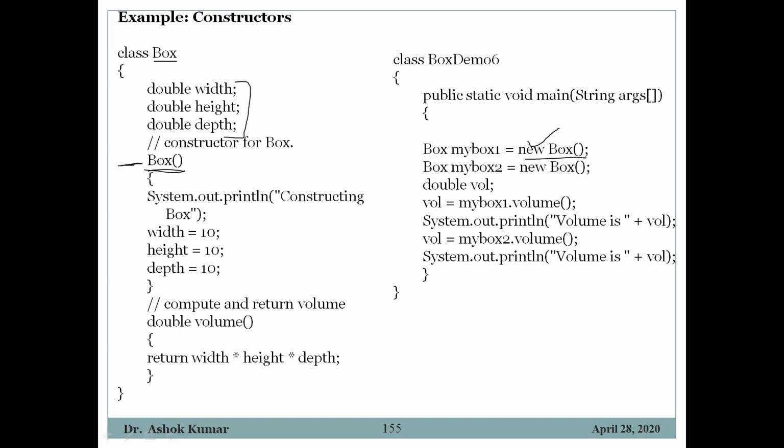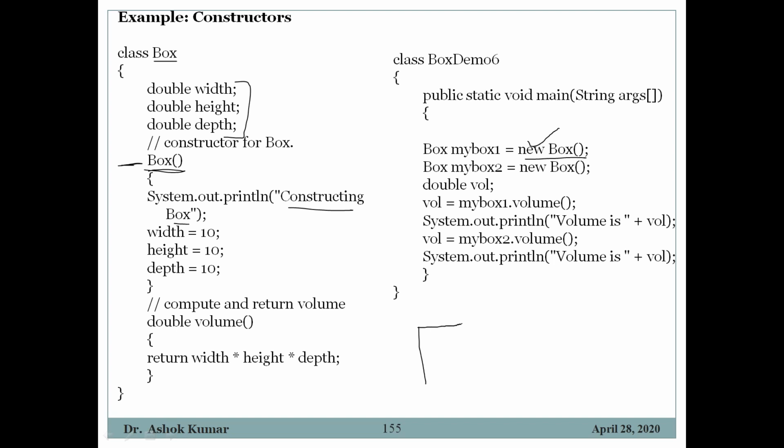As we discussed yesterday, if the parentheses are empty, in that case the non-parameterized constructor will be called. So this will be called, and when it is called, you will get this message on the screen, constructing box.